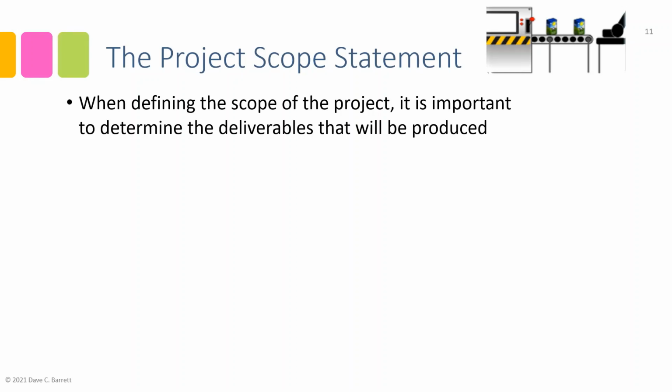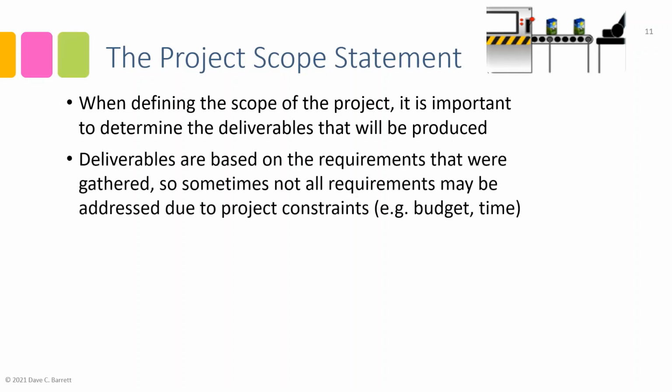And that definition of deliverables is a key point of scope planning. Deliverables are chunks of things that you are going to produce that, if you collect up all the deliverables, make up the overall scope of the project. So this is key in scope planning: the transformation of requirements to deliverables.